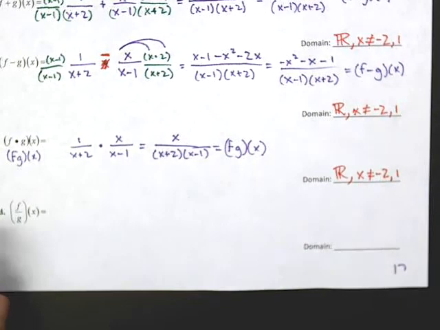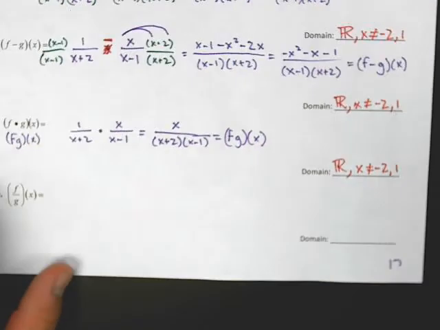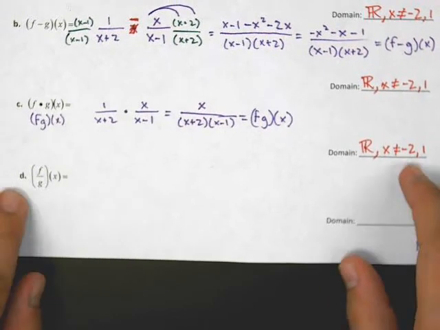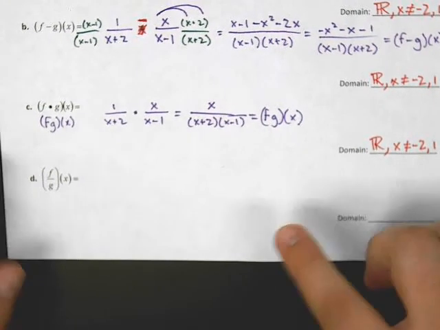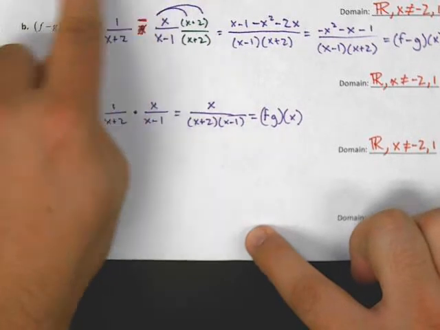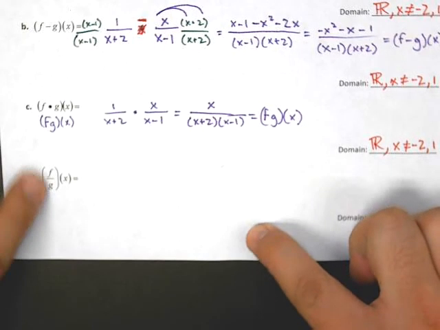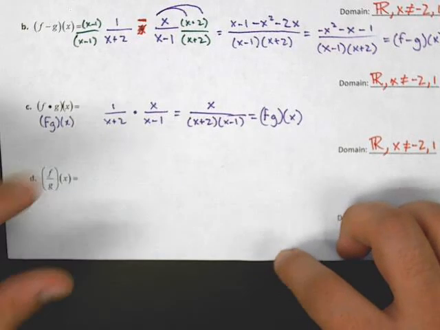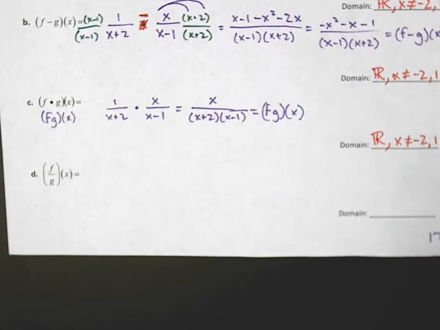Alright? Now, suggestion time. Please note, when we are working with something like d, when we're dividing, we have fractions in our original functions, and then we're going to divide it. So really, the problem is we don't want to make a giant complex fraction, okay?